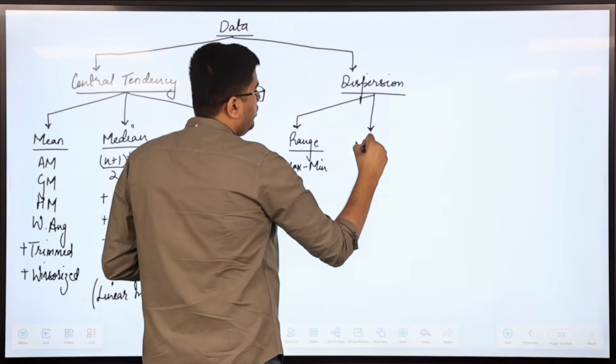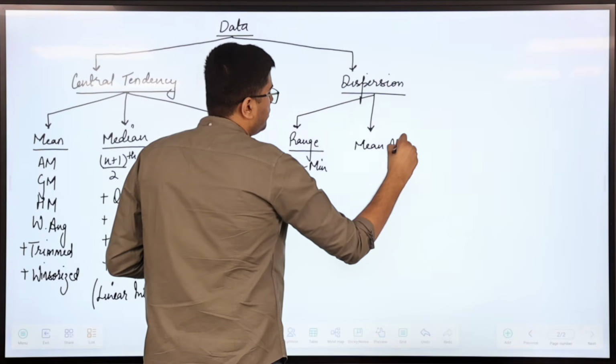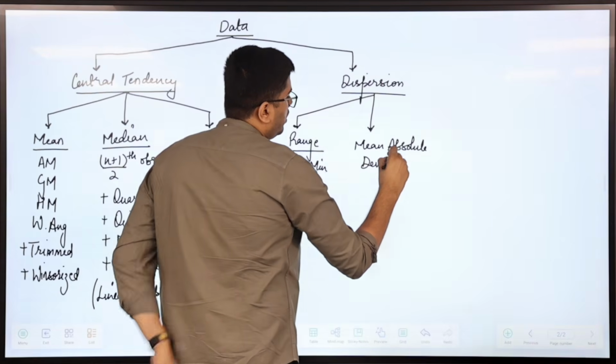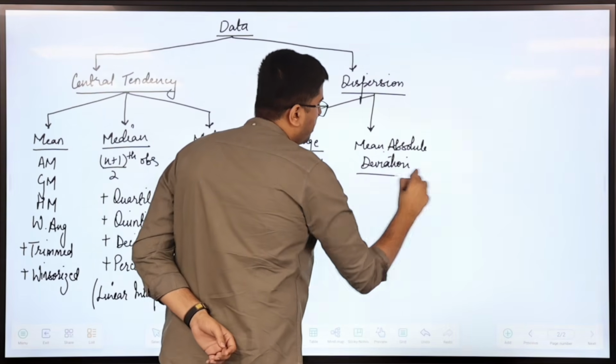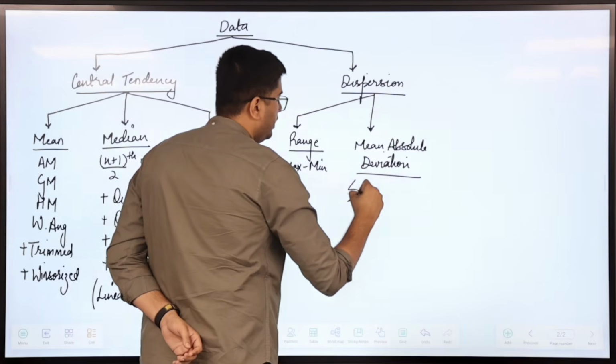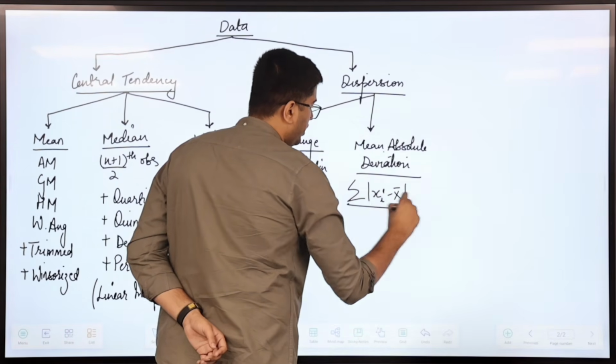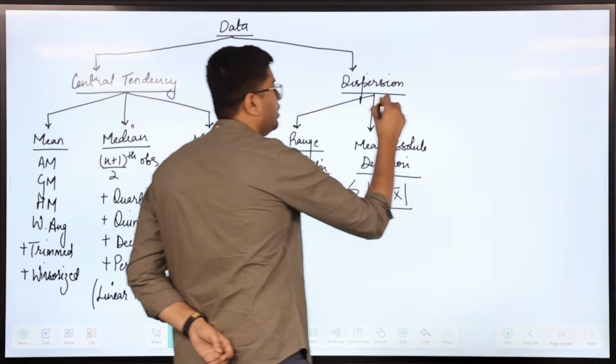Then we had mean absolute deviation. This is sum of absolute deviations from mean divided by number of observations.